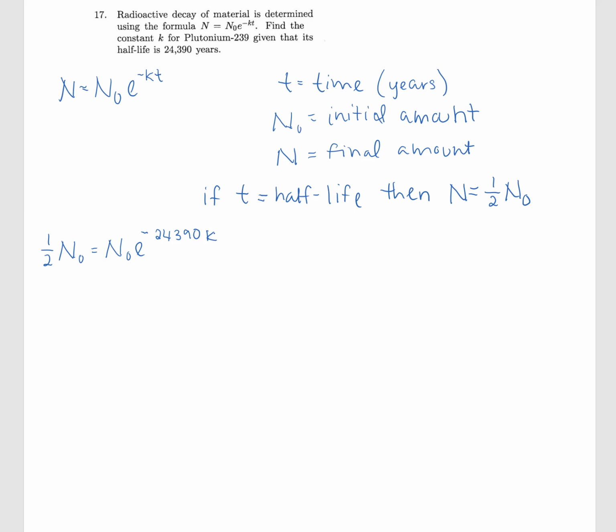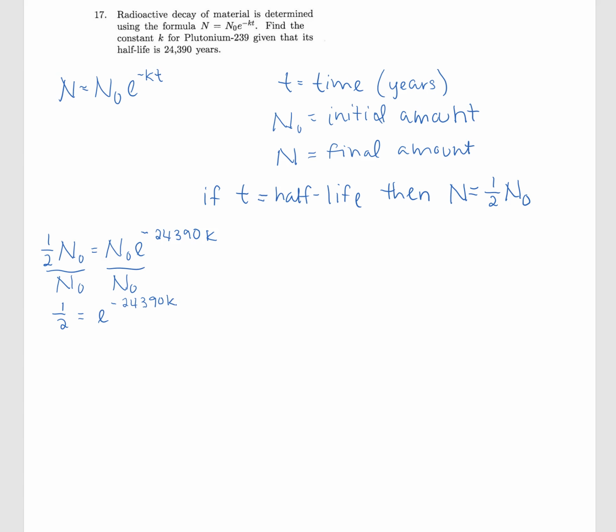The next thing I can do is divide by N naught on both sides of my equation. This nicely cancels out N naught, leaving us with 1/2 on this side of the equation, and e to the power of negative 24,390 times k.